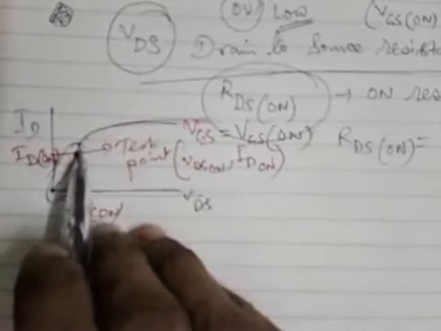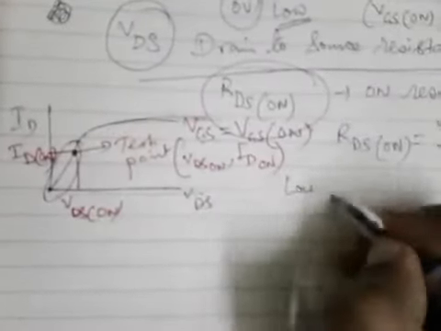In this region the current is increasing, which means the MOSFET is offering low resistance, and that's why the drain current is increasing.